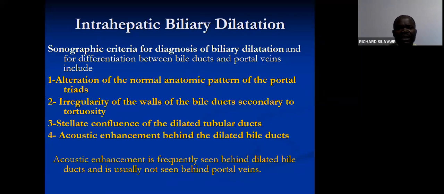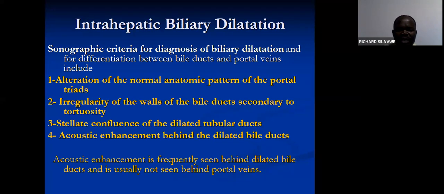Sonographic criteria for diagnosis of biliary dilatation and for differentiation between bile duct and portal veins include: number one, alteration of the normal anatomic pattern of the portal triad; irregularity of the walls of the bile duct secondary to tortuosity; then stellate confluence of the dilated tubular ducts; then acoustic enhancement behind the dilated bile duct.